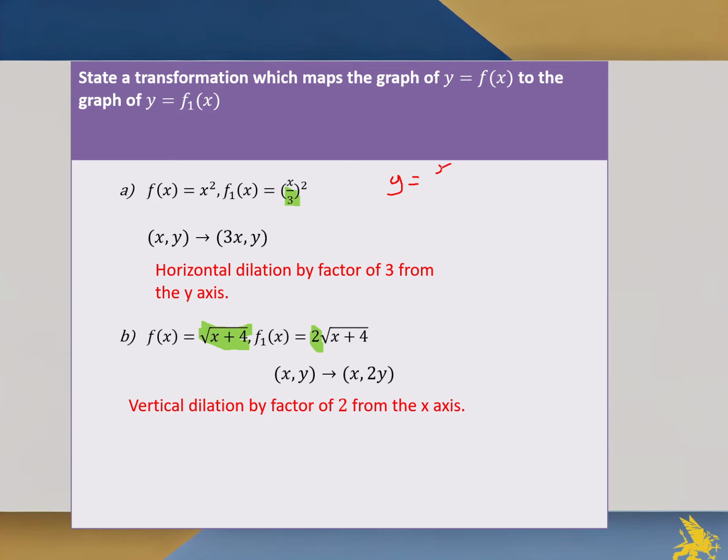So I'm just going to rewrite it as y is equal to x over 3, and I'm going to square root the y. And then straight away, I am going to get x by itself. So I'm going to take the 3 onto the other side. So I've got 3 square root y is equal to x.